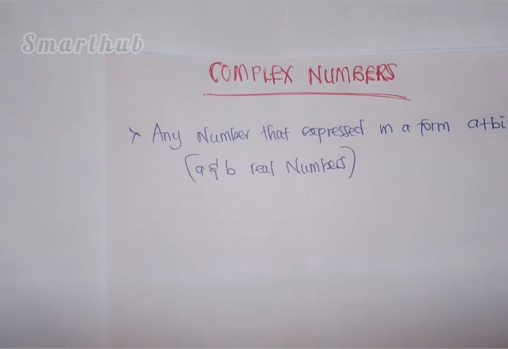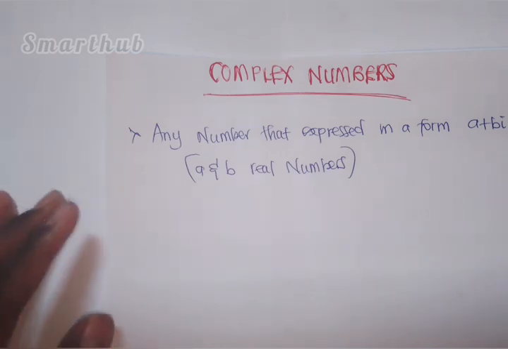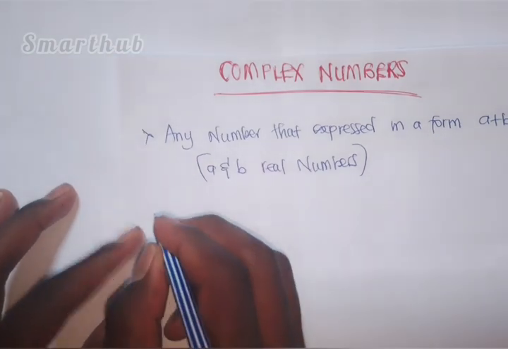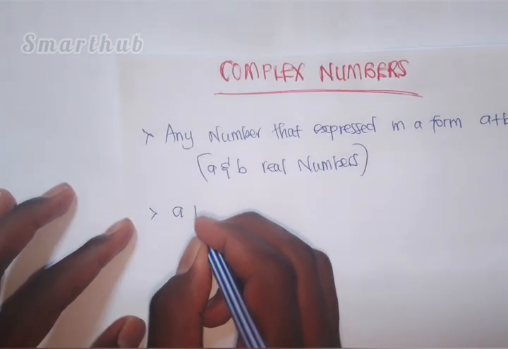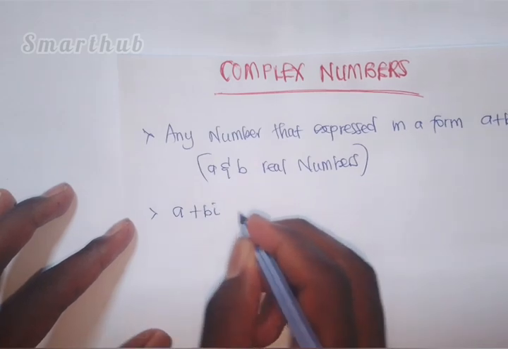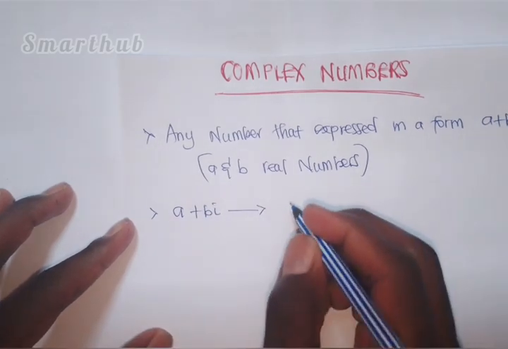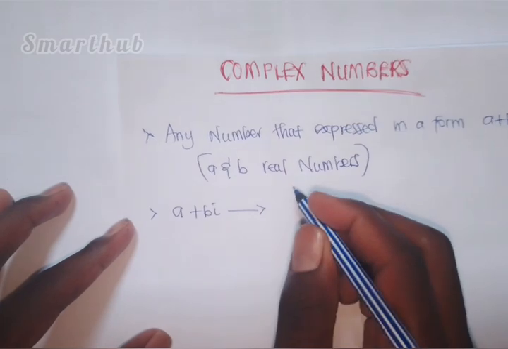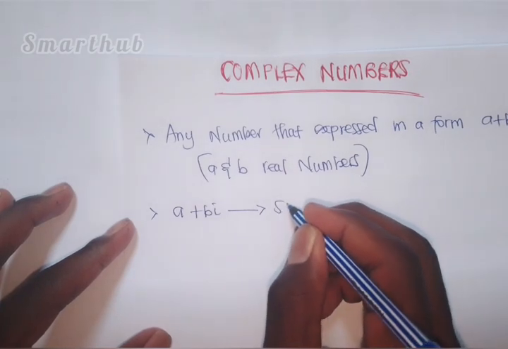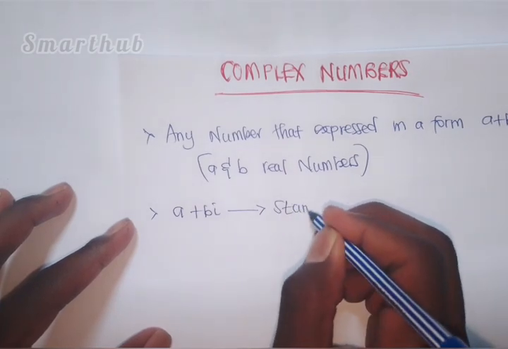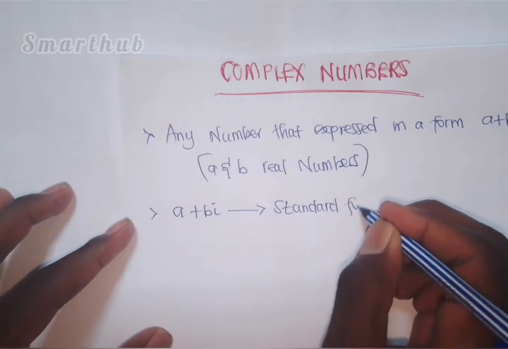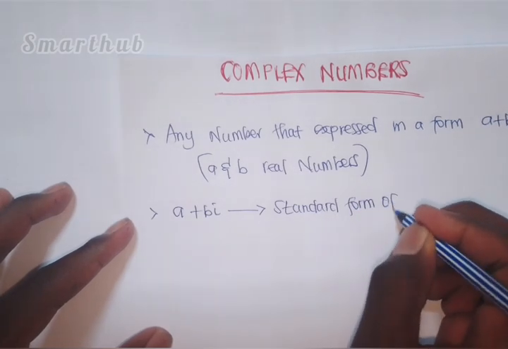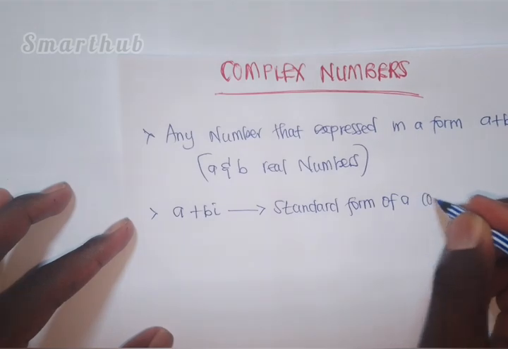So a plus bi is referred to as the standard form of a complex number.